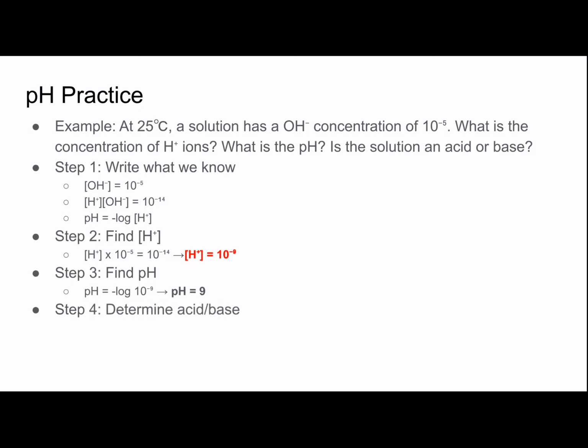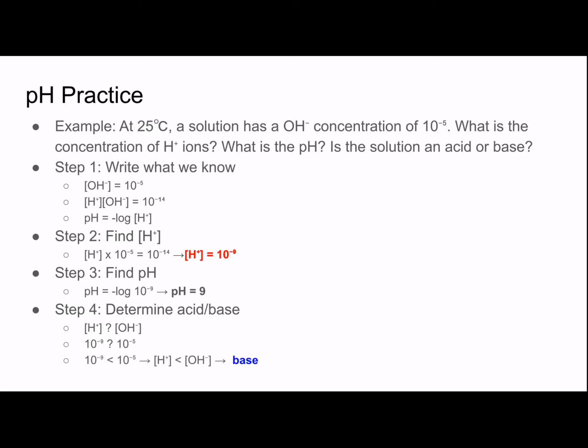And now let's determine if it's an acid or a base. We don't know the relationship between these two, but we'll figure it out. And now I plugged in 10 to the negative 9th for the concentration of hydrogen ions and 10 to the negative 5th for the concentration of hydroxide ions.